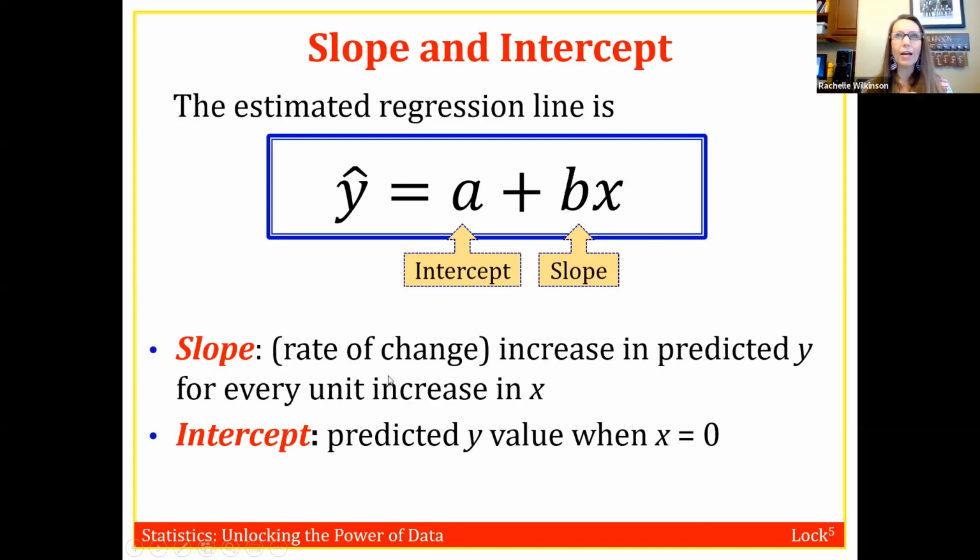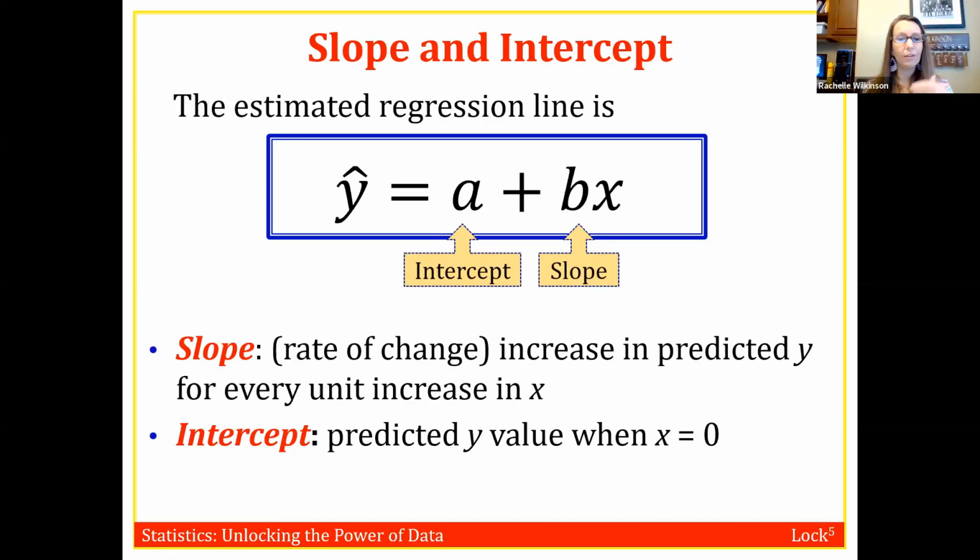Now, as far as when we put this in the context of an actual problem, the slope is going to be the most interesting, coolest part of our model. The slope is always going to be an interesting part of our model in the context of a problem because it's actually going to quantify the relationship between x and y. It's going to give us an actual number.